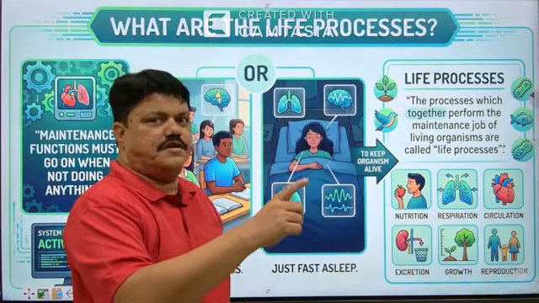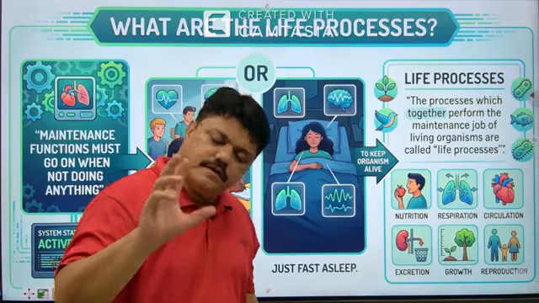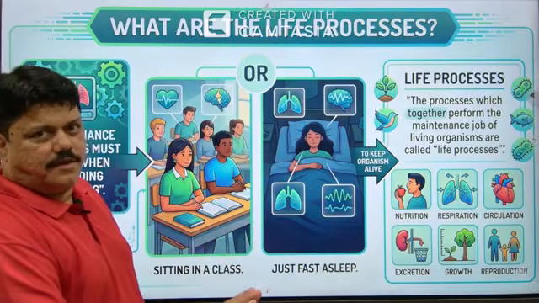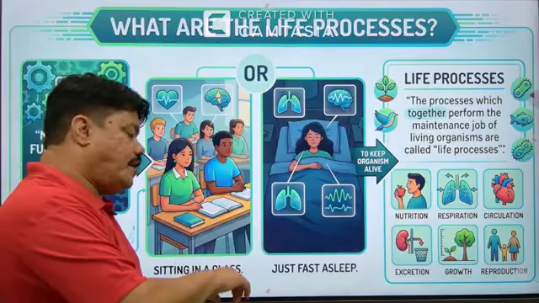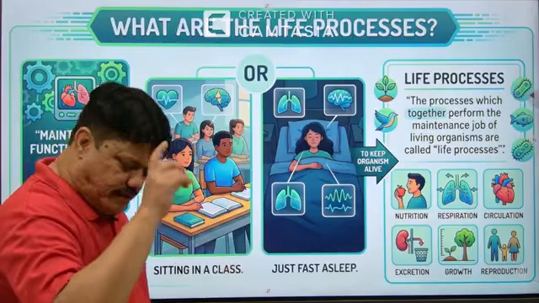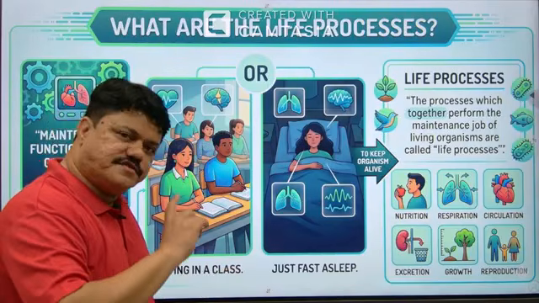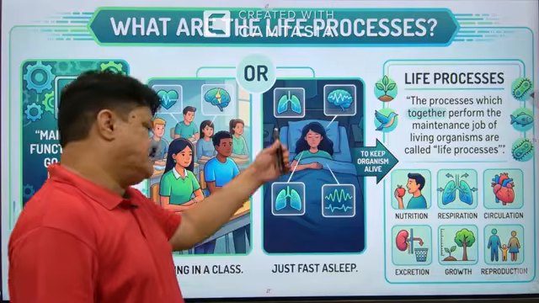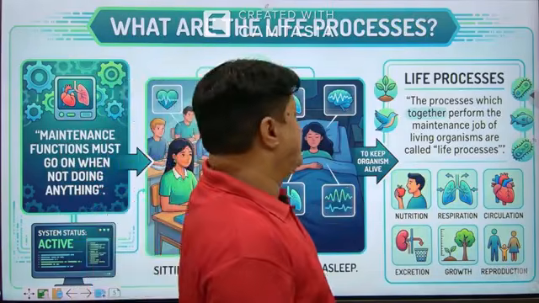They continuously face breakdown and damage. Even if you think you are doing nothing, your physiological processes are continuously going on, even when you are sitting in a class or just asleep.